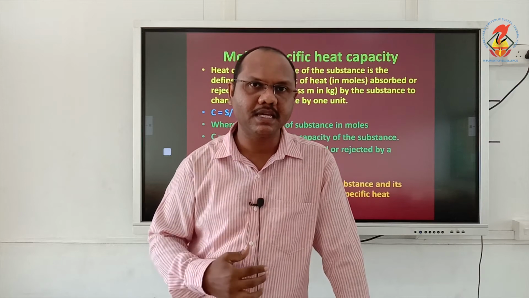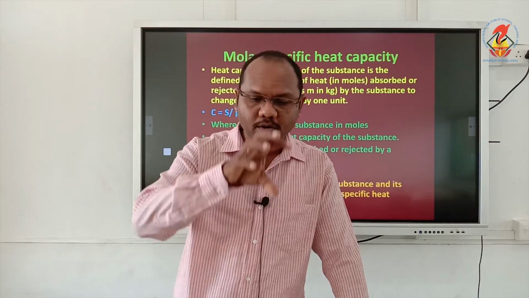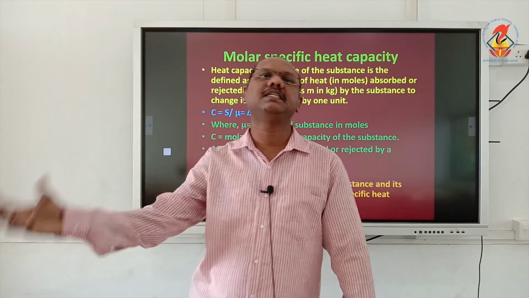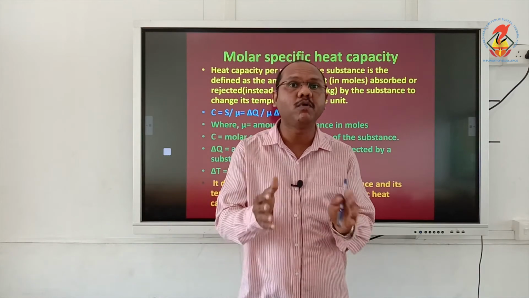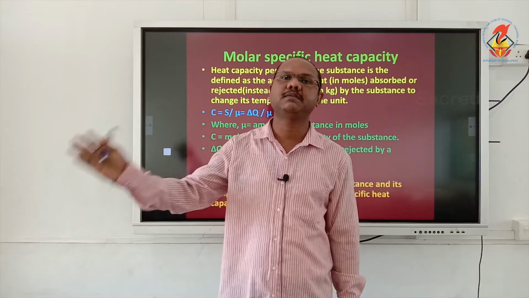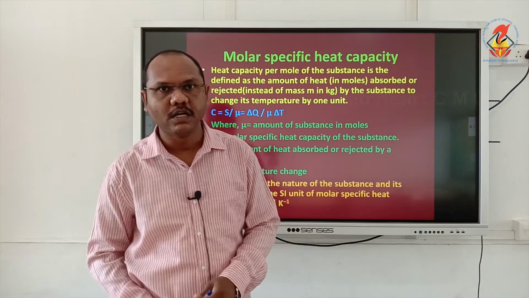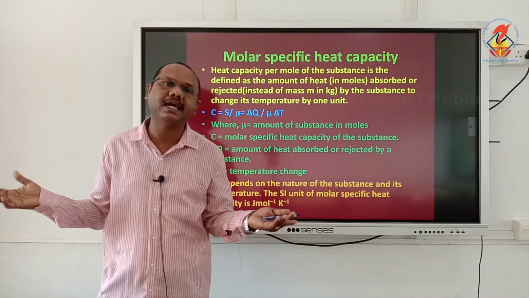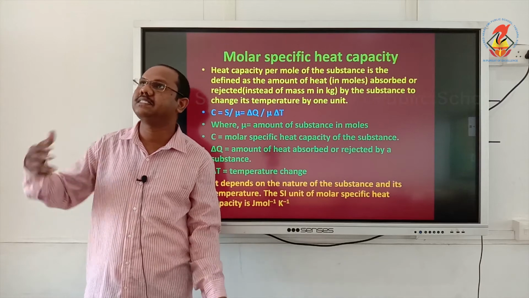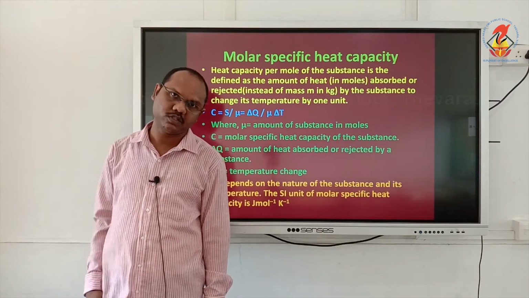Here what I am saying is heat required to raise the temperature of 1 mole of a substance by 1 degree. 1 mole, instead of 1 kilogram I am taking 1 mole. That is molar specific heat. So how can I get molar specific heat? Just take heat capacity divided by number of moles.